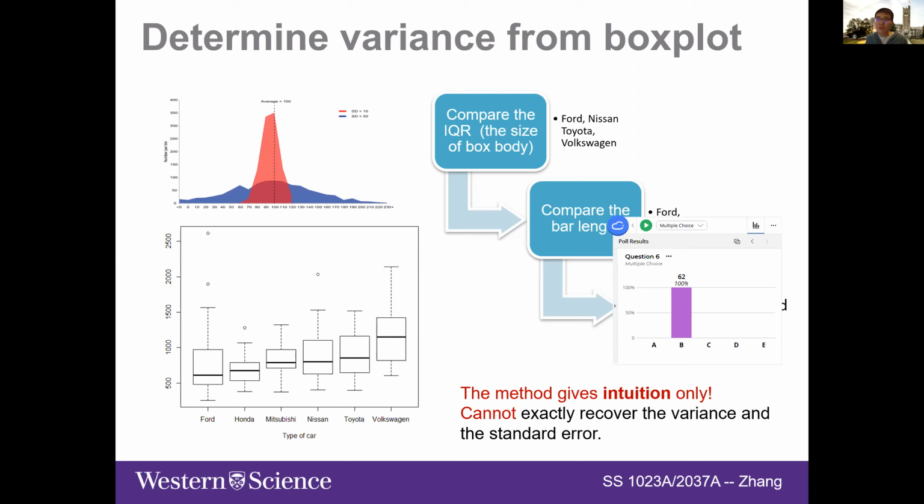Like in our plots, the blue part has a larger range than the red part, so the blue distribution will have a larger standard deviation than the red part. That's the same message we can get from the box plot.